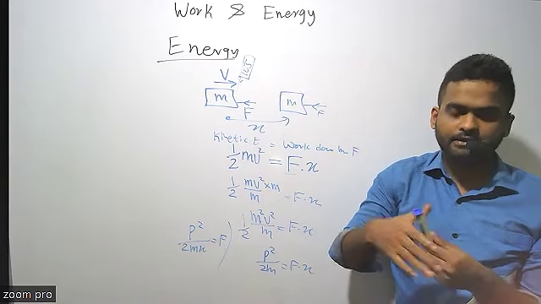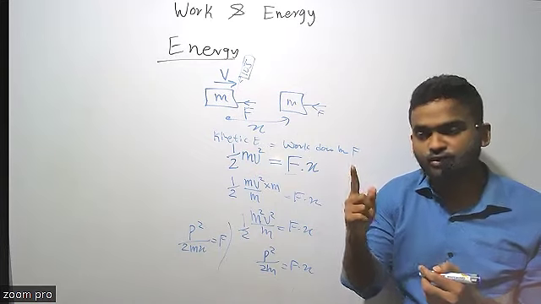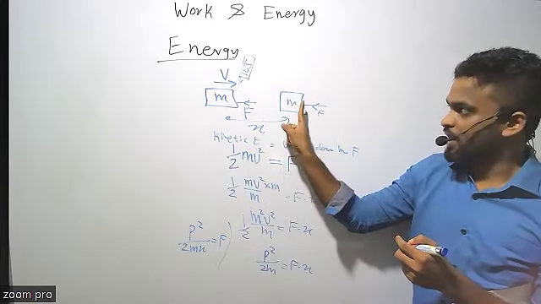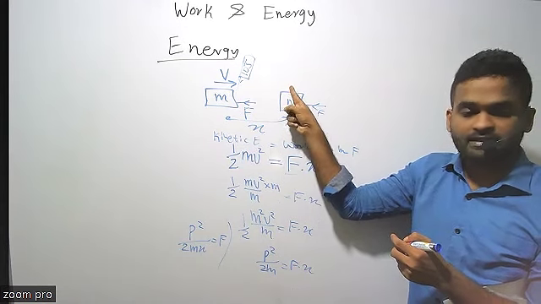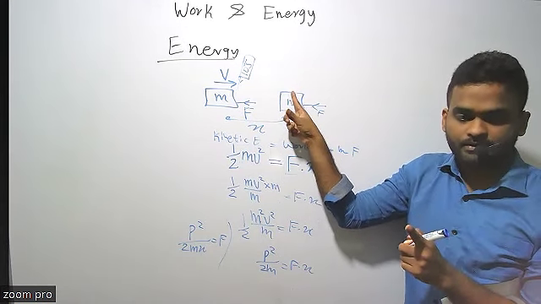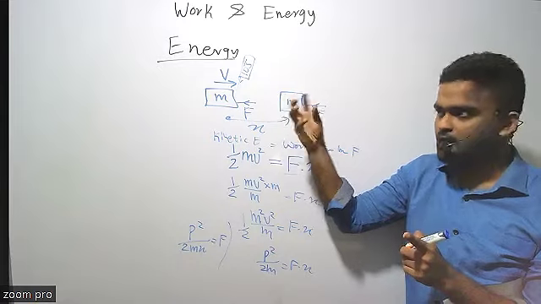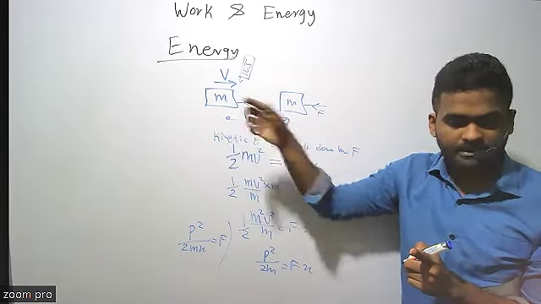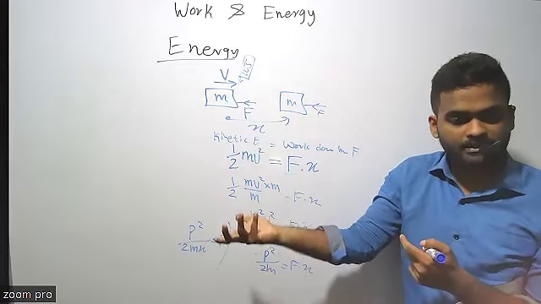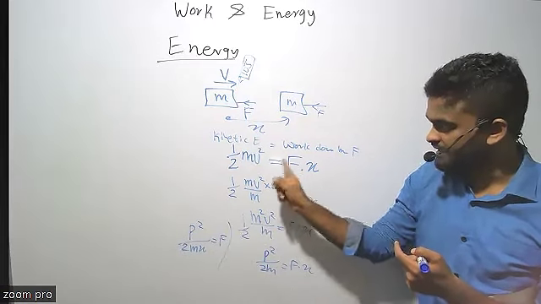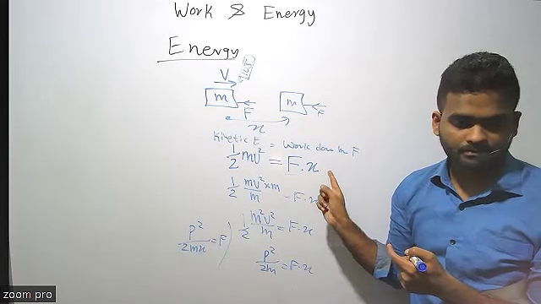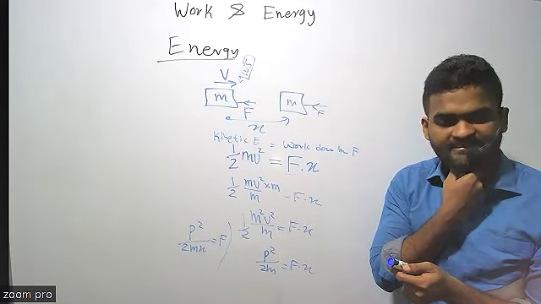Why is that? Due to friction. So friction is doing work against its motion. So here, this object completely stops, meaning the total kinetic energy of the object has been completely consumed by the resistive force. So kinetic energy equals Fx. Up to that understood, right?